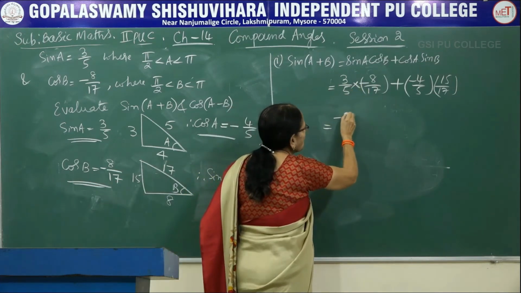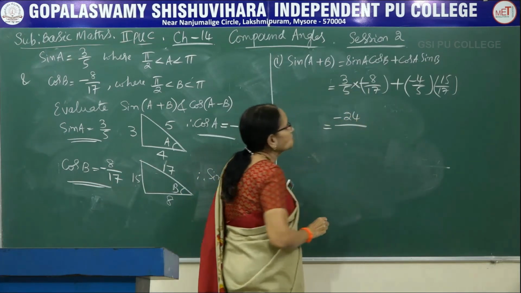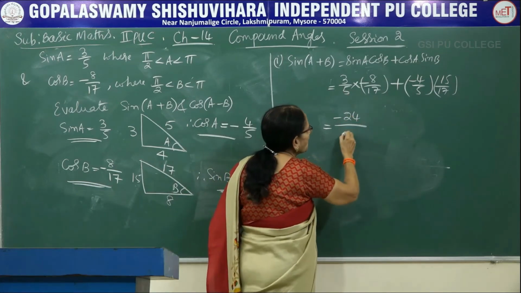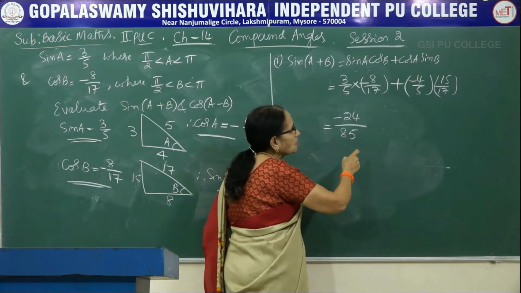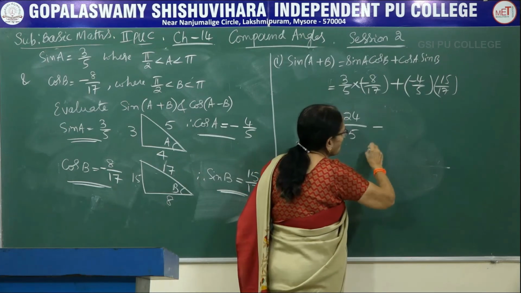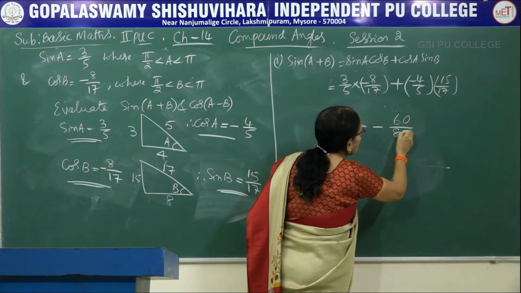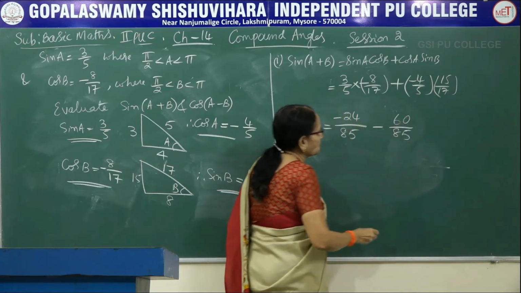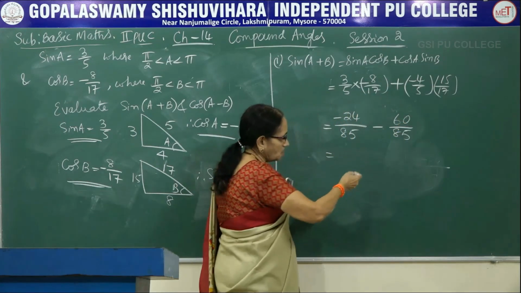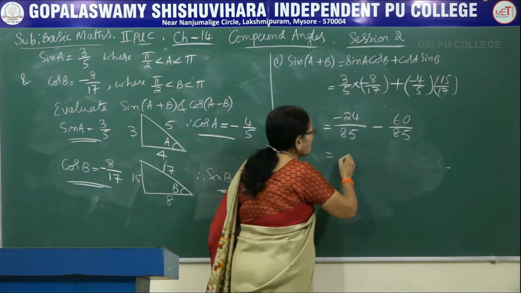Minus 8 into 3, minus 24. 17 5s are 85. Now plus into minus, minus 15 4s are 60, divided by 85. Here also don't cancel. Retain the same denominator which becomes the LCM.